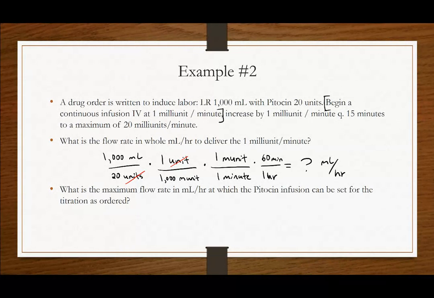The next pair of units we have here will cancel out the milliunit to give us milliliters per minute. And then lastly, we can convert our milliliters per minute into milliliters per hour. So we end up with the desired units. Our computation here should give us a rate of 3 milliliters per hour as the rate.